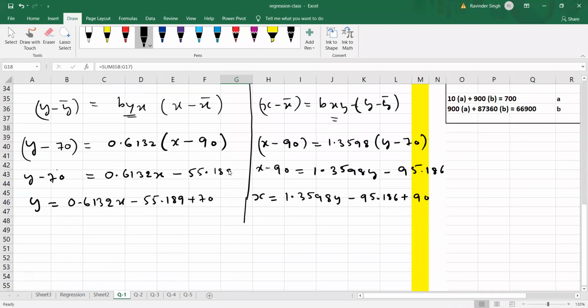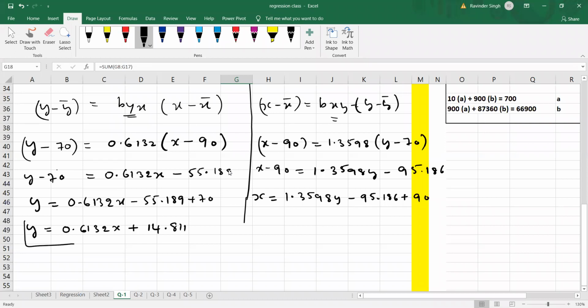So when we solve this, we will get the equation of y on x. So y is equal to 0.6132x plus 70 minus 55.189. So I'm getting around 14.811.